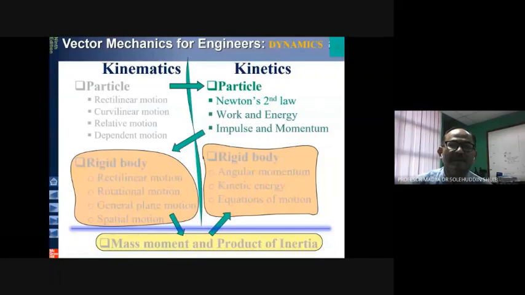What we have covered so far, looking at the syllabus, is the first part, the kinematics of particle. We have covered linear motion, collinear motion, relative motion, and dependent motion, and we have done our first quiz today.